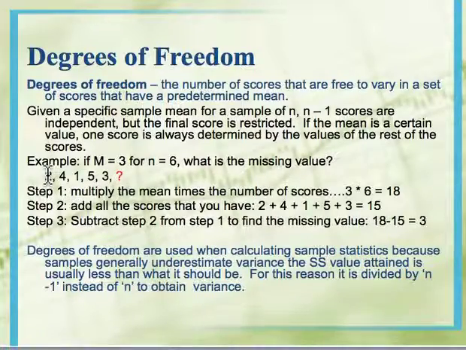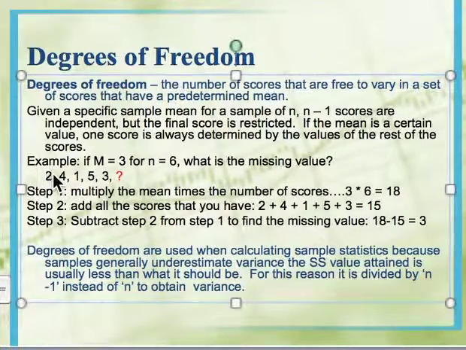If I were to start filling in those, if I look at my first number and it's a 2, well, I still have 5 things that could be whatever they are, kind of. As I keep adding them up, once I identify that the mean's going to be 3, and once I identify those first 5 values, that last number's value is already determined because it cannot vary.